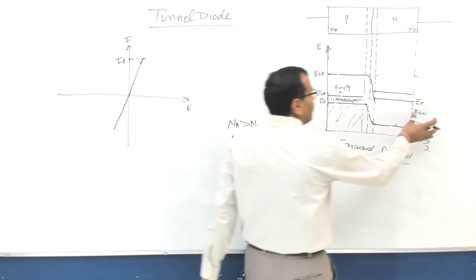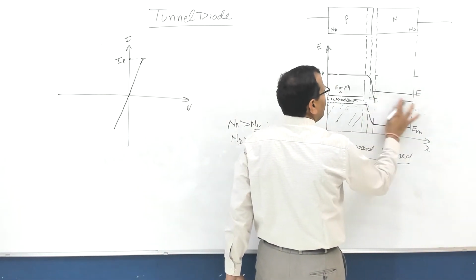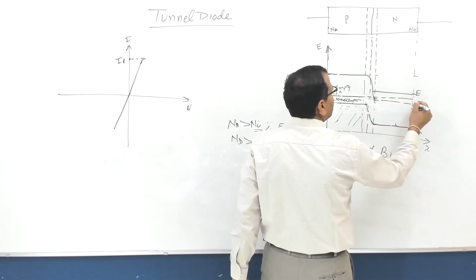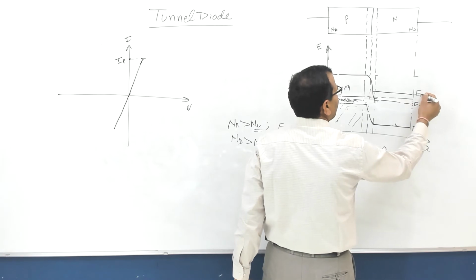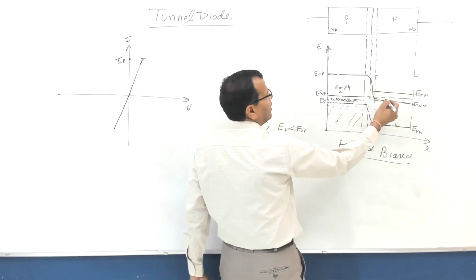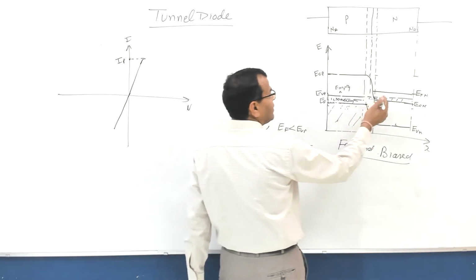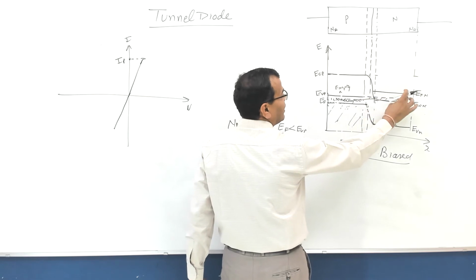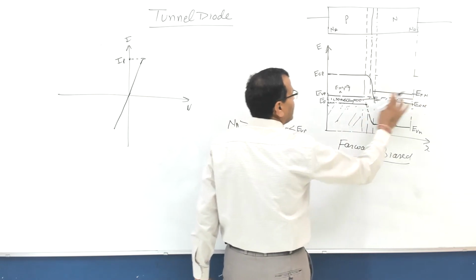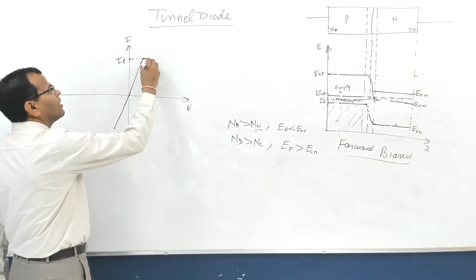When both are shifting upward, you please see, this is ECN, this is EFN. Now these are the energy states which are filled, these are empty energy states. But the number of fully occupied energy states is less as compared to this side. So there will be tunneling, but now current starts decreasing.